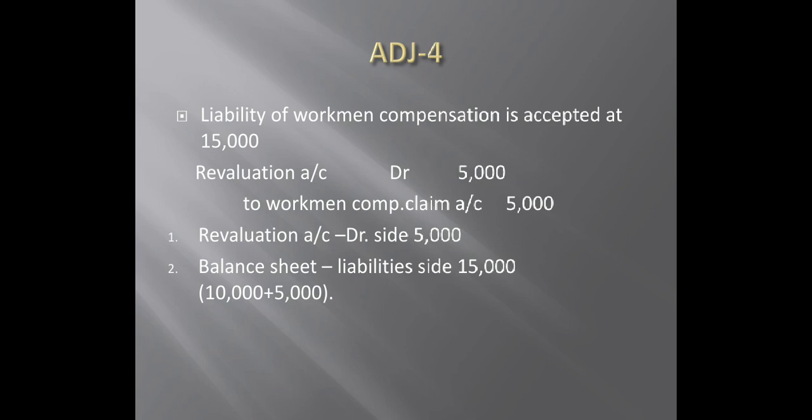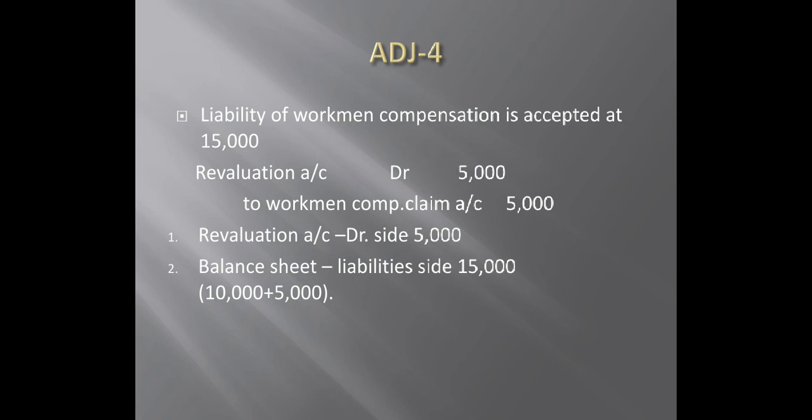In new balance sheet, the second effect for 5,000 will be on liabilities side: workman compensation reserve 10,000 plus 5,000, and outer column 15,000. Now another thing related to this adjustment is that if you remember, while solving chapter 5, we used to distribute workman compensation reserve. But during that time, there was no adjustment applied over it.